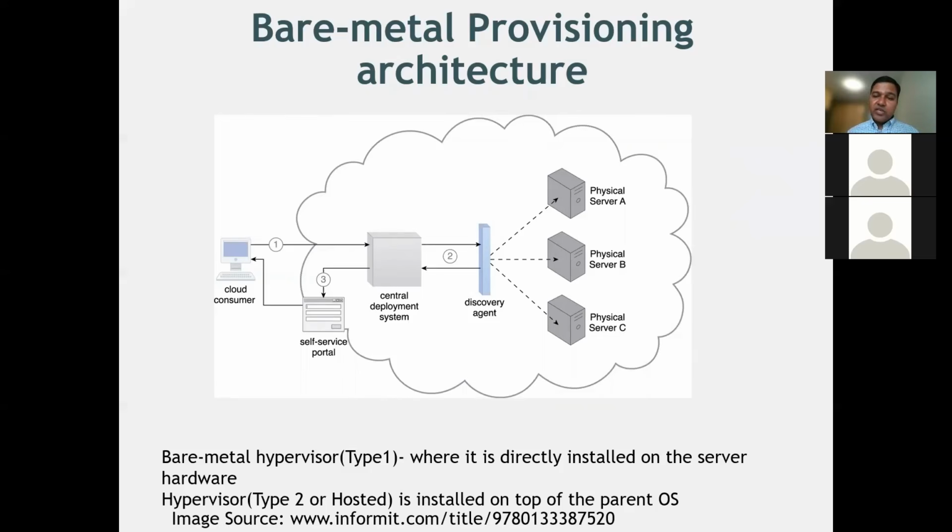But if we are installing the hypervisor, which is called a hosted hypervisor, on an OS, it means you can take your own laptop on which you work, which has an OS. If you put a hypervisor on your own laptop, then you can make your laptop a virtualization platform. If you have a 4 CPU or 8 CPU, 8 core or 4 core laptop with 12 GB or 8 GB RAM, you can have 4 to 5 VMs on your own laptop.